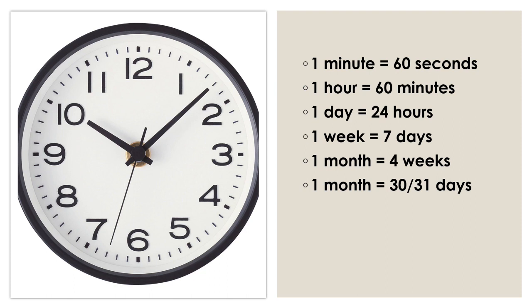February has either 28 days or 29 days depending upon the kind of year we have. I will talk about it a little later. Only February is the month which has either 28 or 29 days. Rest all the months in the year have either 30 days or 31 days.